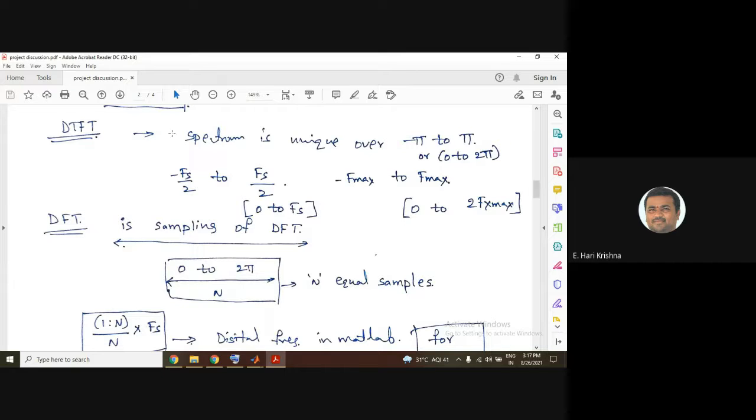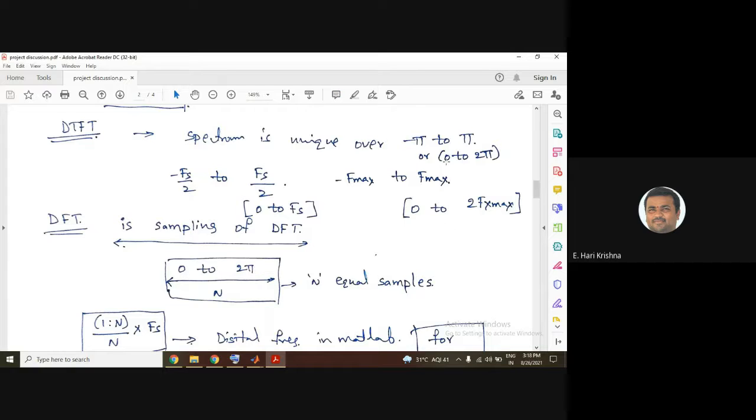That is, this is minus fs by 2 to plus fs by 2. If you consider fs equal to 2 f max, the 2 gets cancelled: minus f max to plus f max.